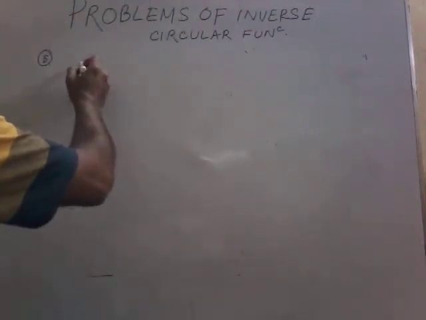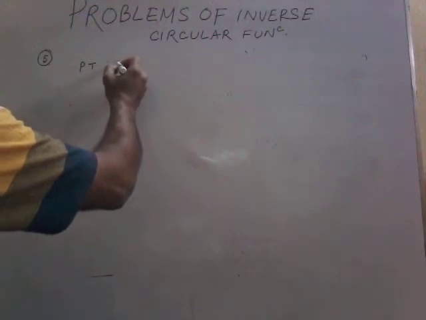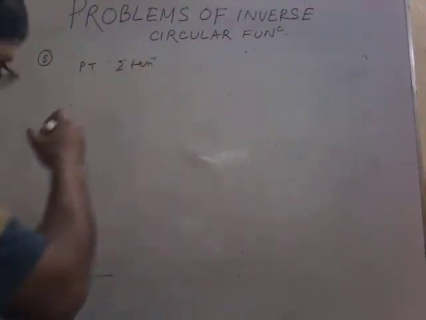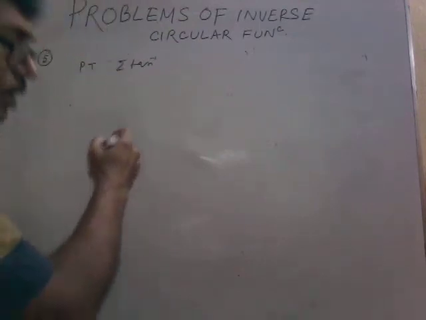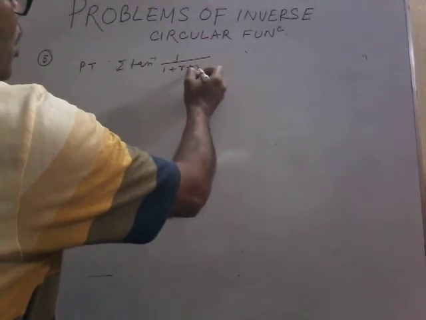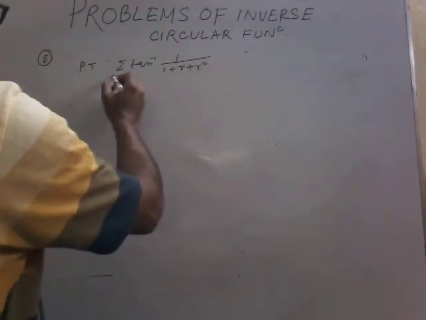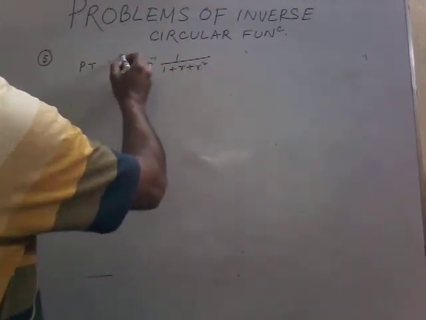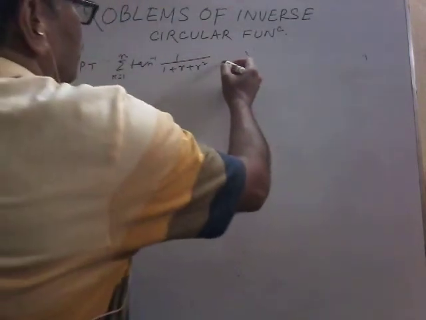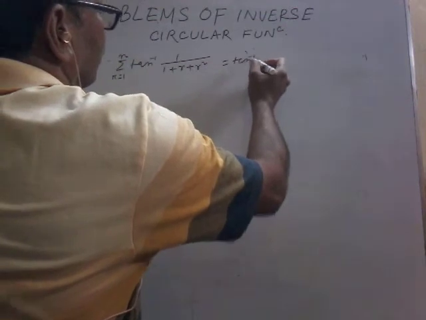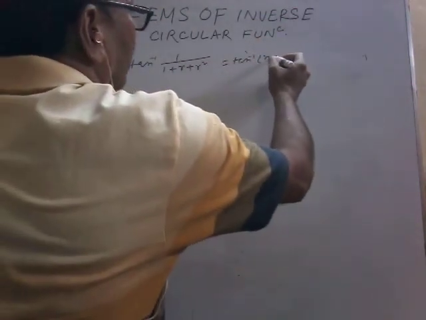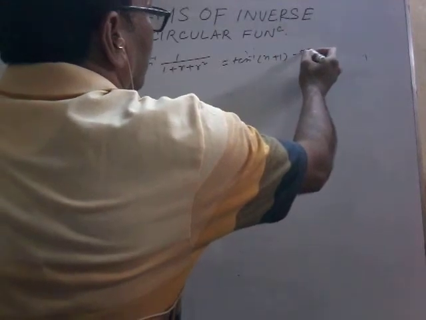Prove that summation tan inverse 1 by 1 plus r square, r equals 1 to n, equals tan inverse n plus 1 minus pi by 4.